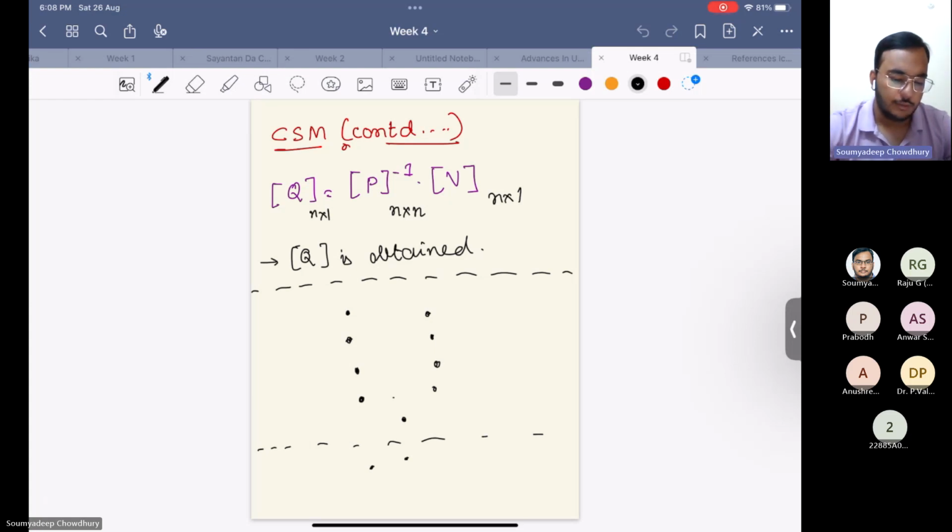So basically, we were looking into the charge simulation method, and we had seen how we can find out the potential coefficient matrix P, and from that P, how we can find out the unknown simulation charges. Charge simulation method is a domain boundary based method in which we discretize the boundary of the geometry into discrete charges.